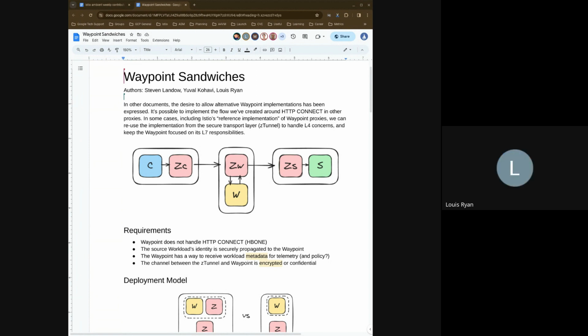The server-side zTunnel can choose whether to validate the JWT or not, but when it passes the JWT to the waypoint, the waypoint can validate it. What that does is prevent impersonation of attributes of the client workload by the waypoint zTunnel.